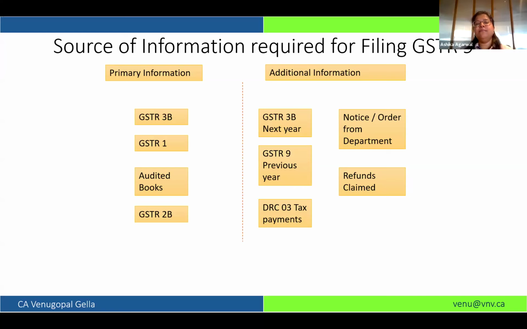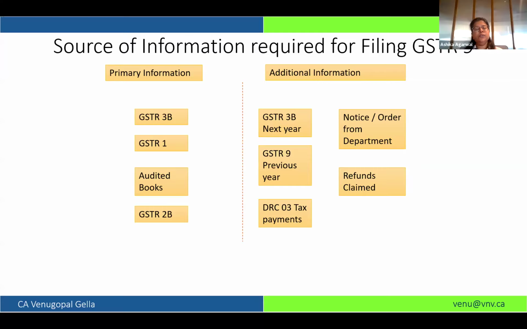Then any payment I have made through DRC 03, because as Sir said, when we do GSTR 9, table 4, it is not only dependent on what I have paid through 3B, but it also includes payment made through DRC 03. So that also needs to be reported in GSTR 9. So if any payment is done, that is also required.